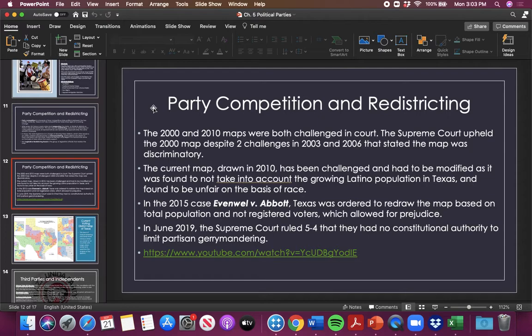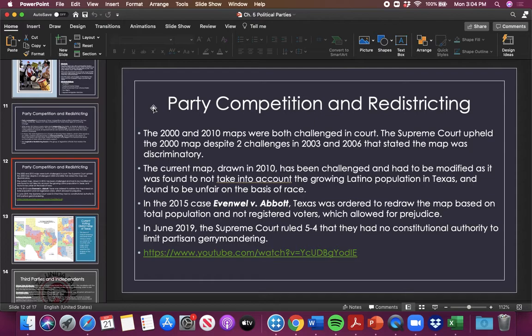And one of the counties that was found to be the most gerrymandered was Tarrant County. In 2015, this case, Evenwell versus Abbott, Texas was ordered to redraw the map based on total population, not just registered voters. Again, the census counts all people living in the United States, not just citizens, not just registered voters, and those are the numbers that have to be used for drawing these districts.